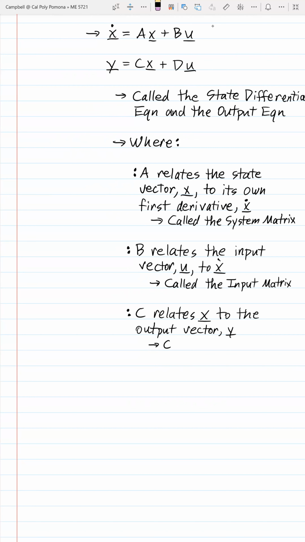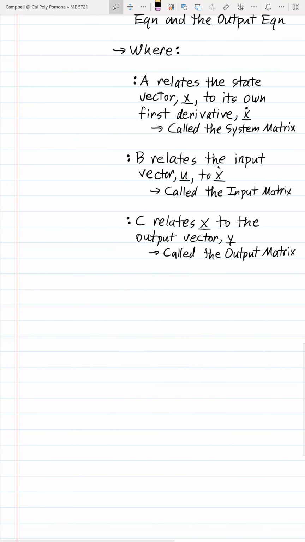This, of course, is called the output matrix. And then D, which relates U directly.